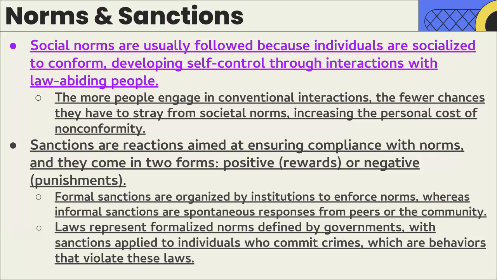So all social norms carry some sort of sanctions with them that promote conformity and protect against nonconformity. A sanction is any reaction from others that is meant to ensure that a person or group complies with the given norm. Sanctions can be positive, which is offering a reward for conformity, or negative, which might be punishment for behavior that doesn't conform.